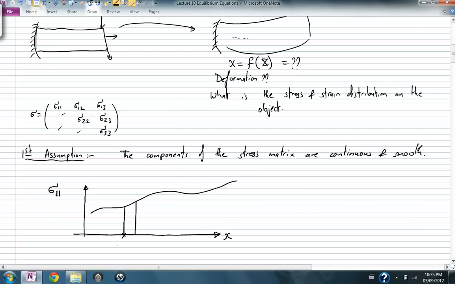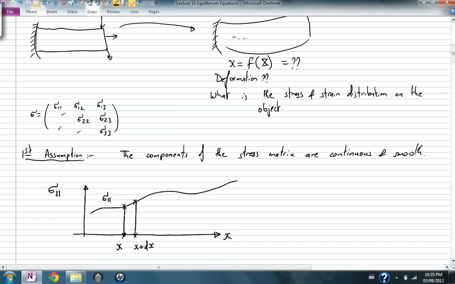Let's say this is value x, and this is x plus a little bit more, delta x, and this is sigma 11 at the distance x.